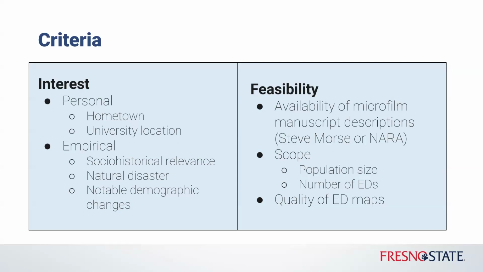If you do any sort of natural disaster work, for example, and you want to understand what happened to a community before or after, or what were the conditions of that community before something occurred, that might be a reason to choose an area.